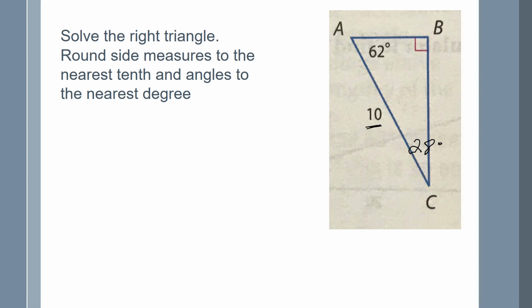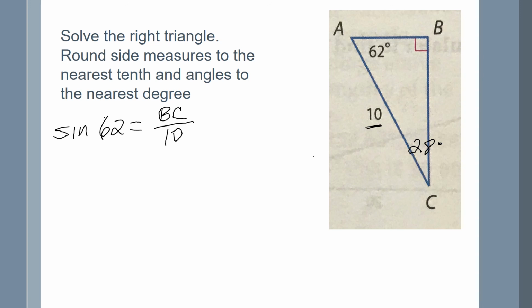So let's go with 62 here, angle A. So the sine of 62 is equal to the opposite, which is BC over 10.